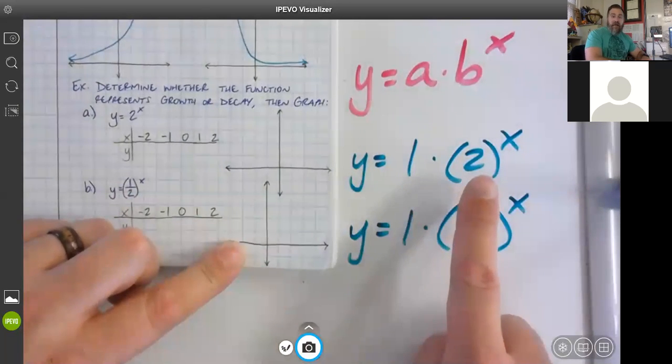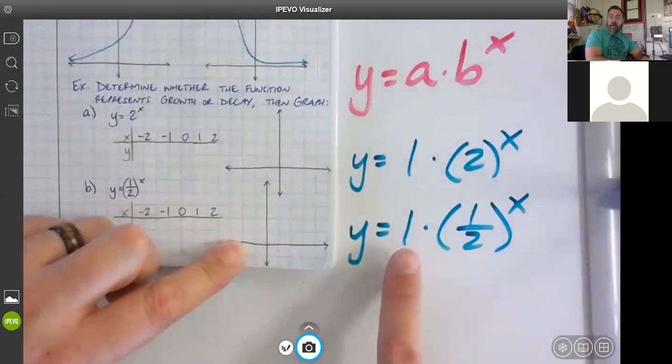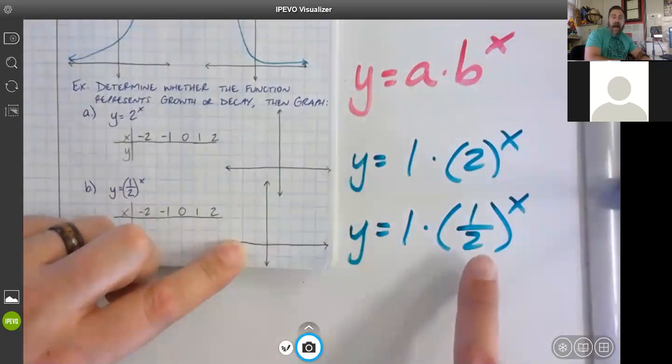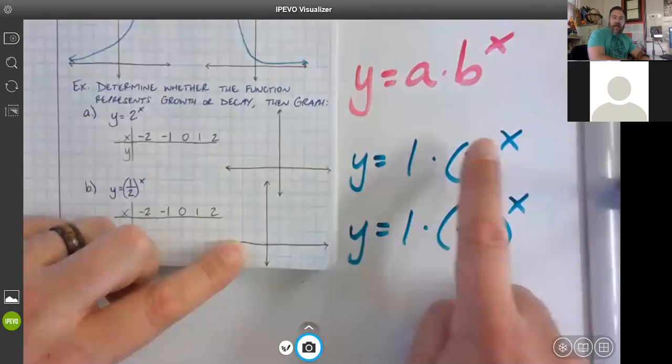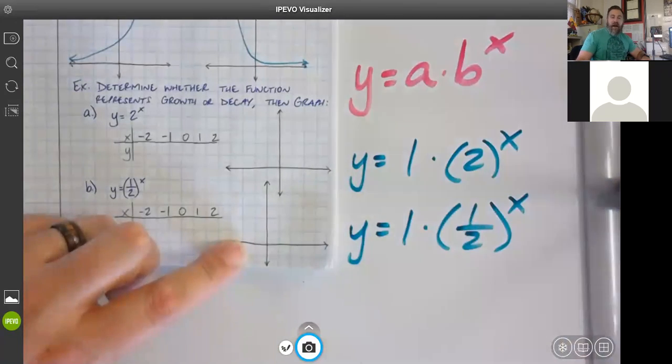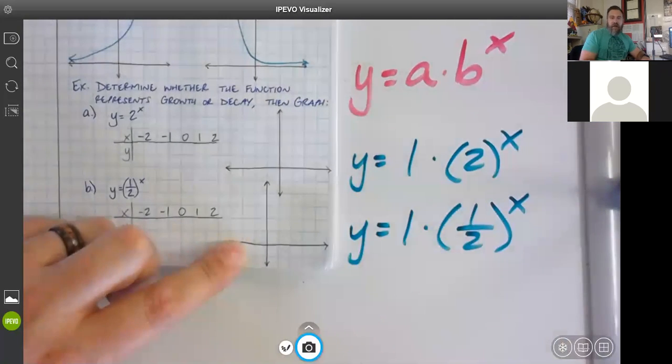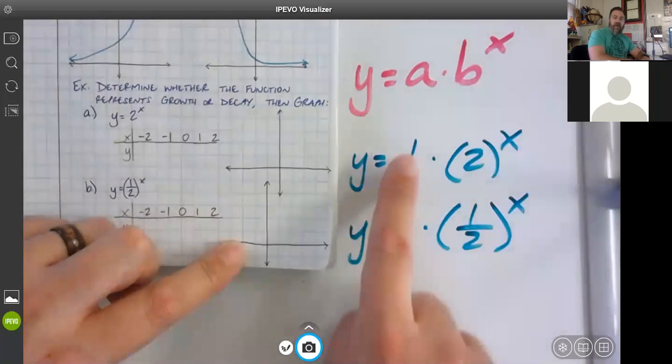So I'm doubling the amount of money I have every time or something. Just as a for instance. In this case, maybe again it's $1, but now it's getting cut in half every time, right? Again, this represents that constant multiplier, and that's how we're determining growth or decay and rates of growth and decay, how fast it's happening. Okay, but I want to make sure I showed you guys that. And for the record, you will come across a couple problems where this is not 1.